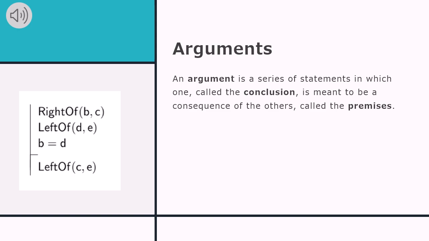You can have as many statements as you'd like in an argument. And that tiny little horizontal bar before the last statement, LeftOf(C,E), tells you which of the statements is the conclusion. Remember, it's meant to be a consequence of the others, but it doesn't necessarily have to be.